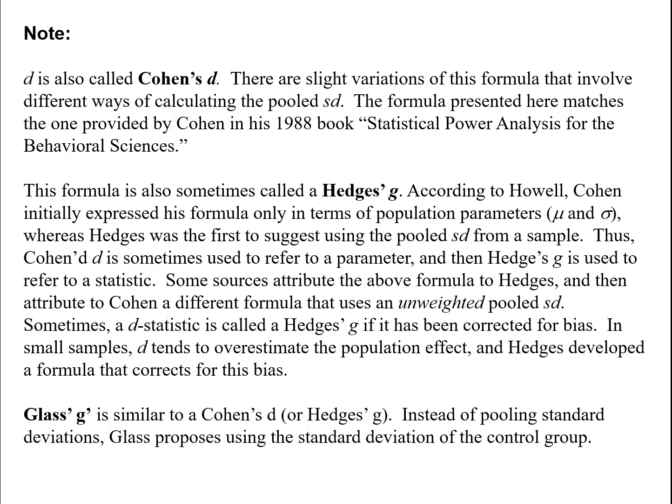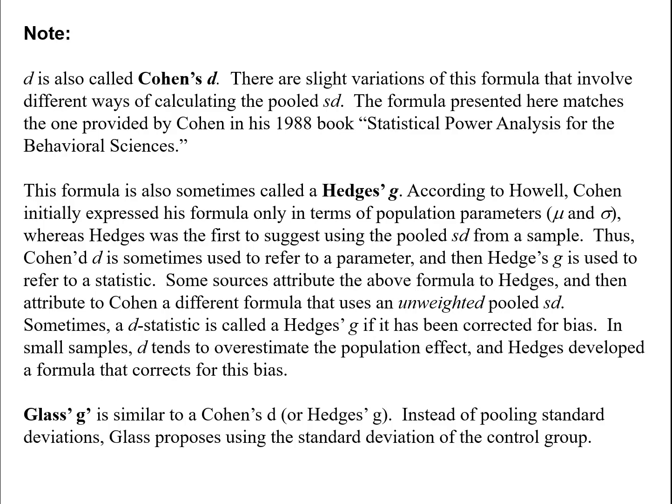Now, before we go on, I want to make you aware of the fact that the thing I'm calling a d-statistic, that is Cohen's d, is essentially the same as what some people call a Hedges' g statistic. Sometimes people make subtle distinctions between these two statistics, although these distinctions are often more confusing than helpful, and essentially they're the same thing. So I'm not going to be using two different terms in this class.